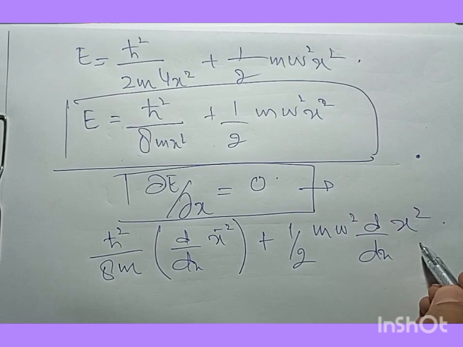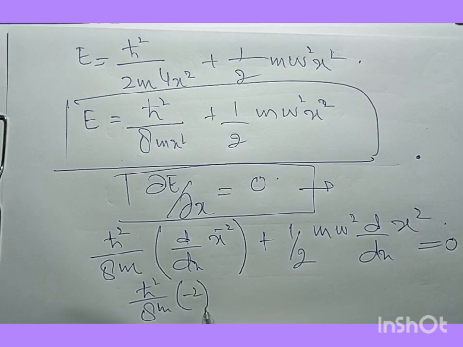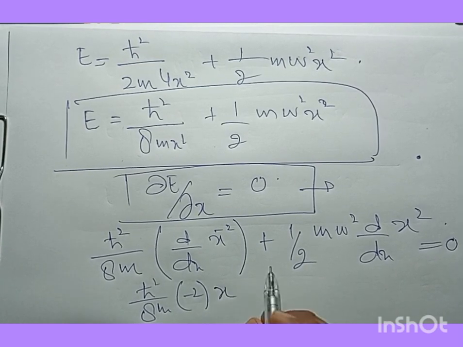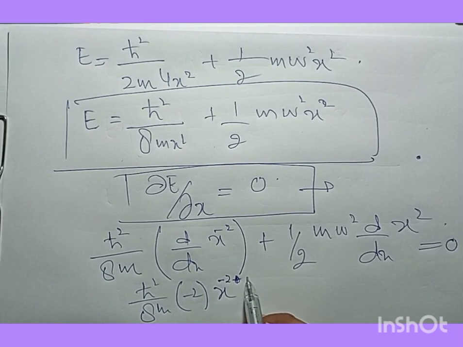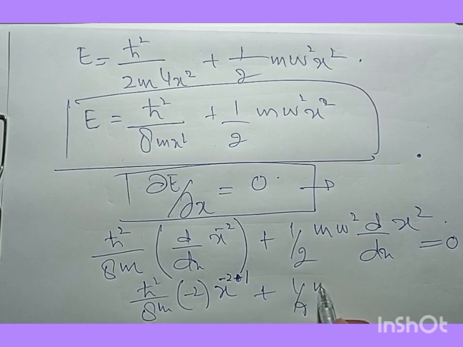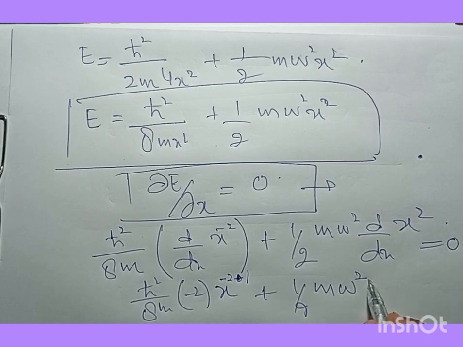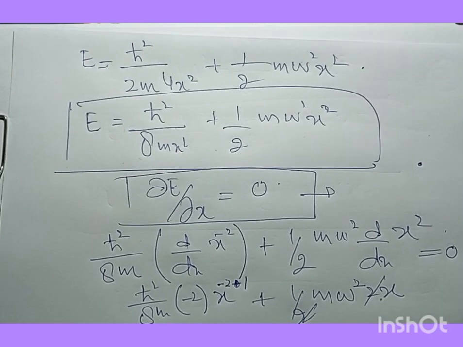And now this thing should be equal to 0. All right? So if I differentiate this, this is h cross square by 8m times minus 2 x raised to power minus 2 minus 1, which is minus 3. Then plus 1/2 of m omega square times 2x. This 2 and 2 will go.